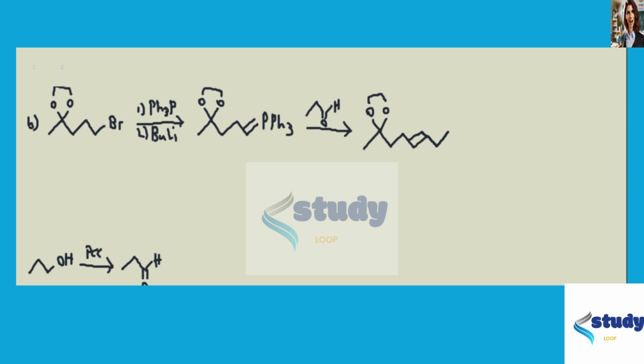And this, of course, would be a mixture of E and Z isomers. Okay, but I've just drawn it as E, but that's fine. And now, in order to get to our final product, we just need to deprotect. And so H3O plus or H plus and H2O, same thing.